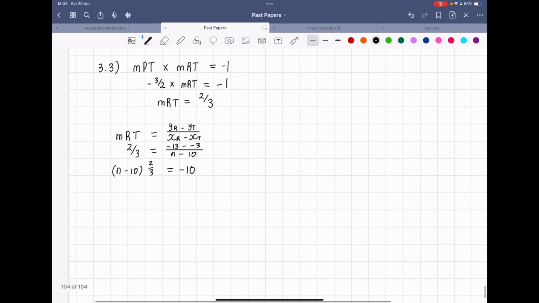Then I'm going to divide both sides by 2 over 3. So on this side I'm left with n minus 10. And on the right hand side, minus 10 divided by 2 over 3 is minus 15. Then I can just take this negative 10 to the other side and it becomes a positive 10. So I'll have n is equal to minus 5.